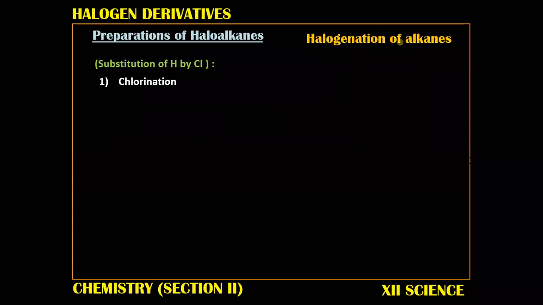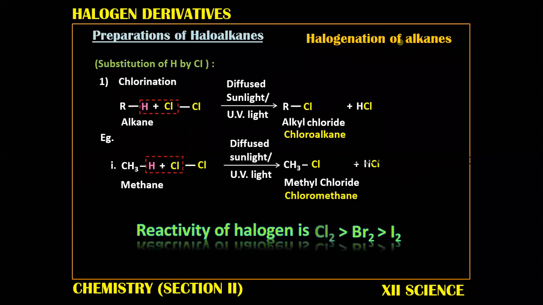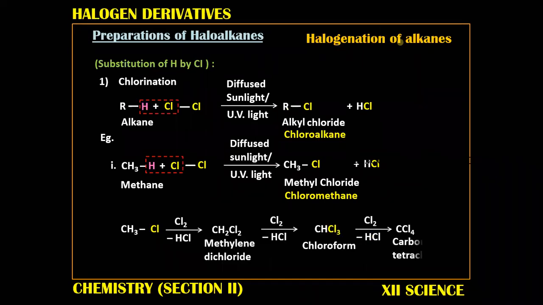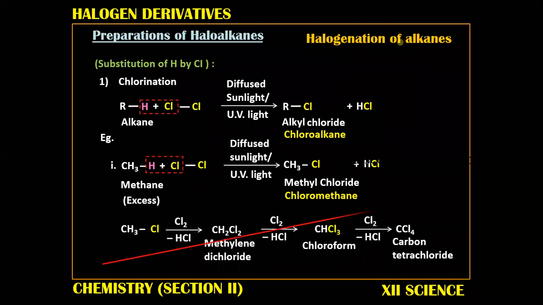Okay, we'll just revise what we did just now. Chlorination. When alkane reacts with chlorine, we get alkyl chlorides. But the reaction does not stop at the first step. It gives di, tri, and tetra substituted products also. In bromination, if you use methane in excess, we get only mono substituted product as the major product.